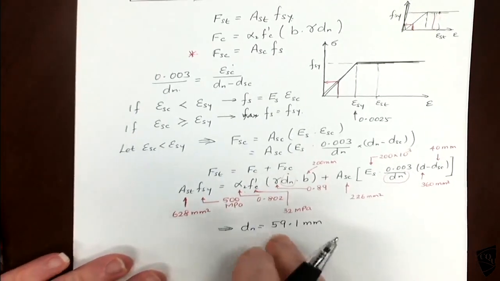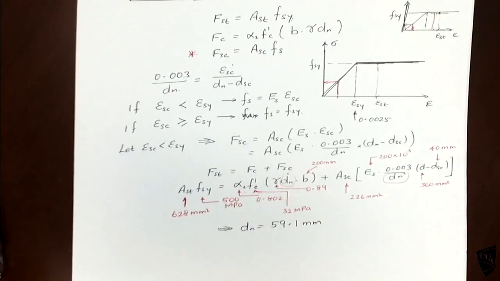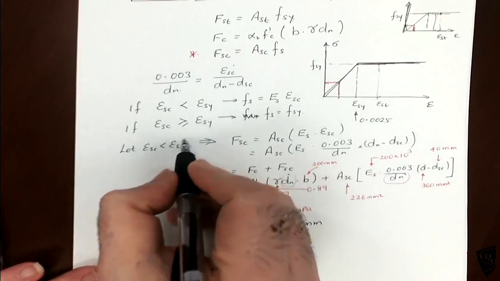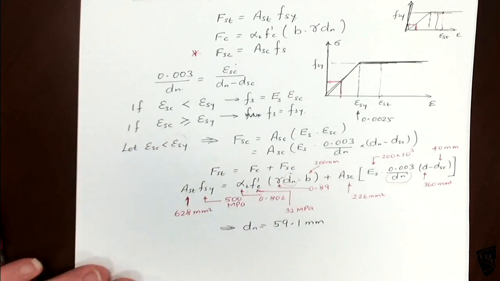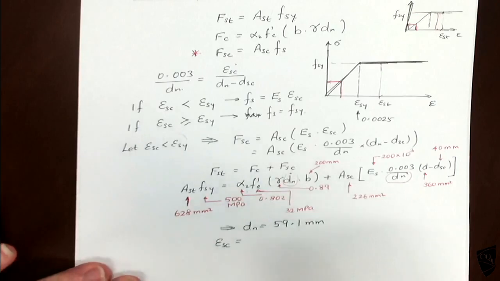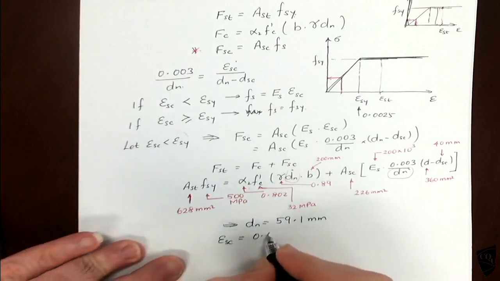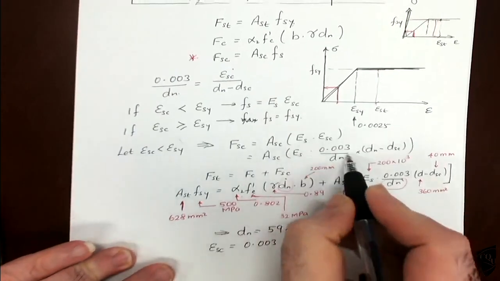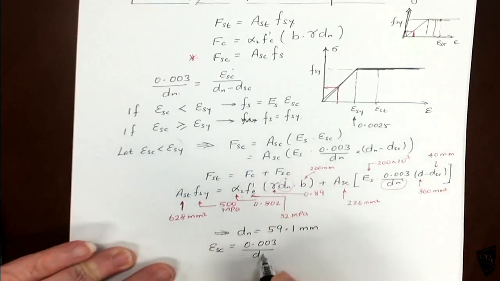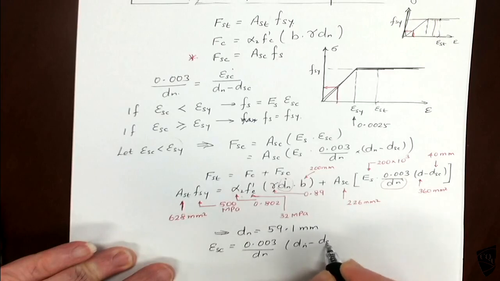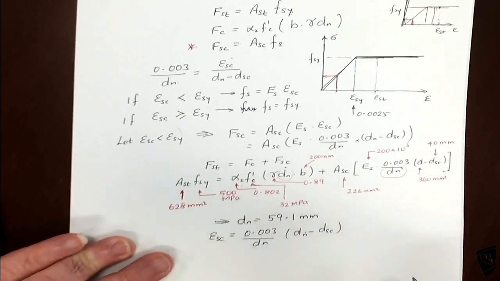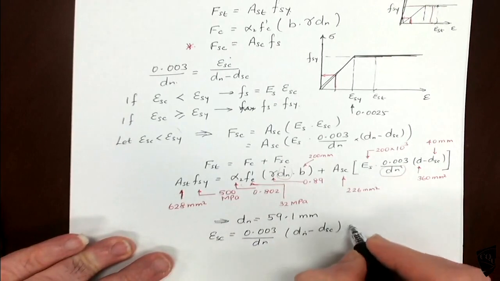So it's not finished yet, because all this is based on this assumption. I need to calculate the strain. Strain is equal to 0.003 upon dn minus dsc. Now you know the dn value, so you should be able to calculate.